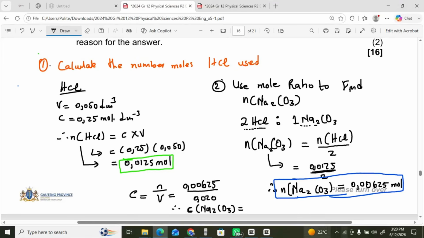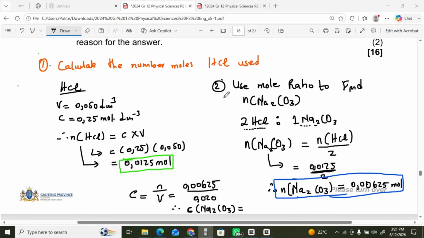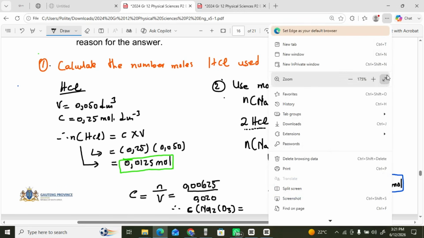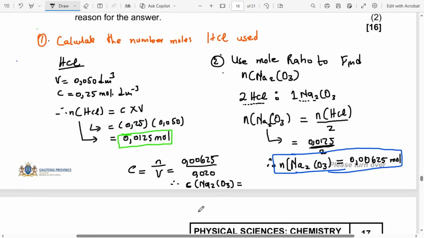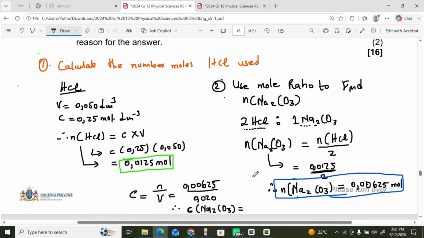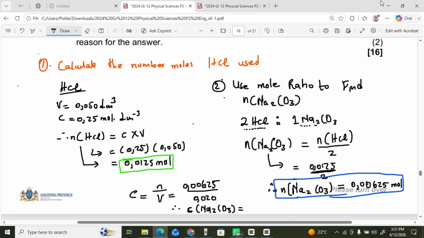Let me just take answer divided by 0.02 and see what we get. So this gives us 0.3125, which is 0.3 if we round it off, but it will depend on your exam instructions, how the rounding should be. Let me just round it off to 2 decimal places, which is 0.31.